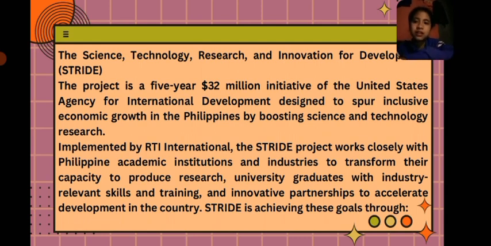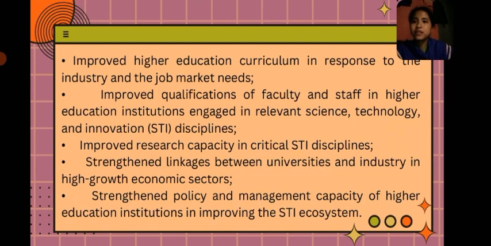STRIDE is achieving these goals through an improved higher education curriculum in response to industry and job market needs, improved qualifications of faculty and staff in higher education institutions engaged in relevant science, technology, and innovation (STI) disciplines, improved research capacity in critical STI disciplines, strengthened linkages between universities and industry in high-growth economic sectors, and strengthened policy and management capacity of higher education institutions in improving the STI ecosystem.